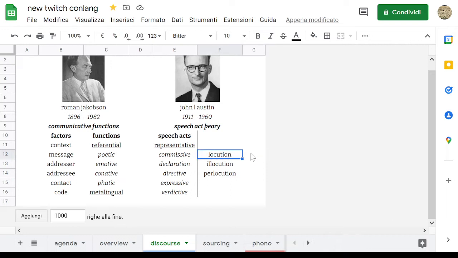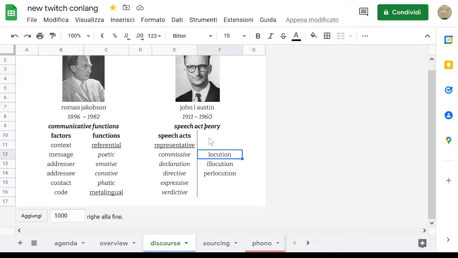It's what you said. Oh, hello, chat. I just saw someone say hello in the chat. Thank you. So, the first level is the locutionary level of a speech act.